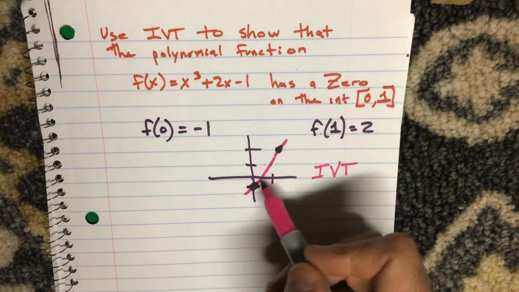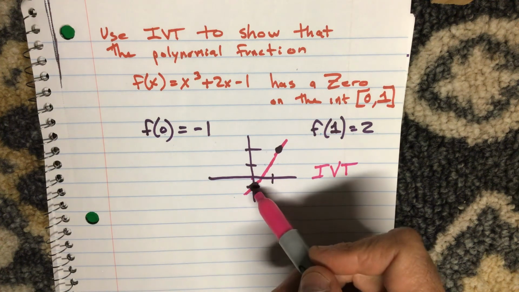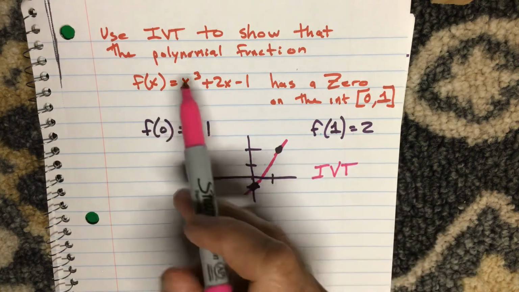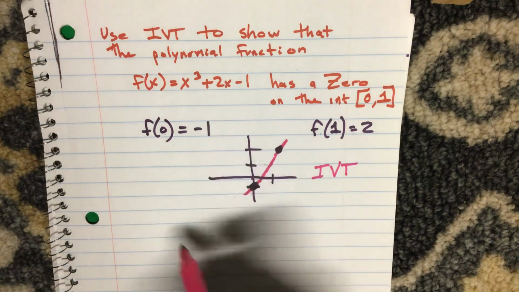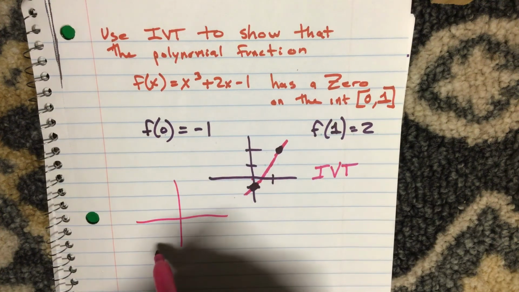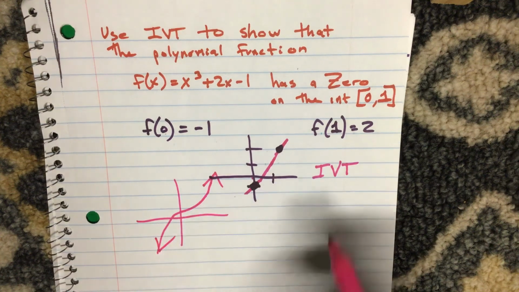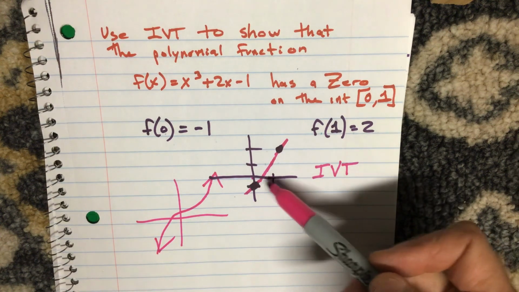It doesn't tell me what that x value is, but it guarantees that there has to be one, because if you were below the x-axis and now you're above it, then you must have crossed through it, because all polynomial functions are continuous, right? This is a third-degree polynomial, so the graph looks something like this. We learned that in pre-cal. So IVT guarantees that there is a value between here and here.